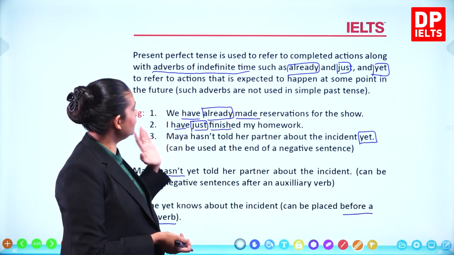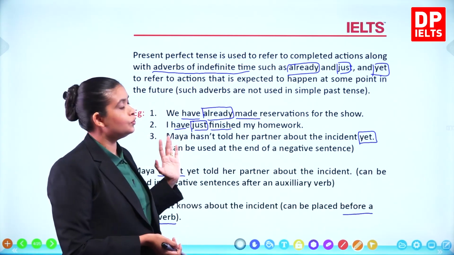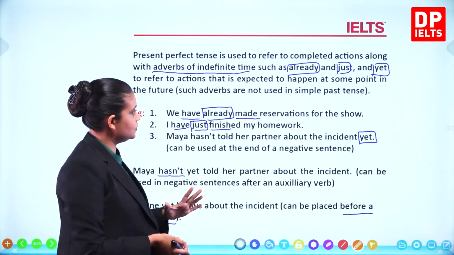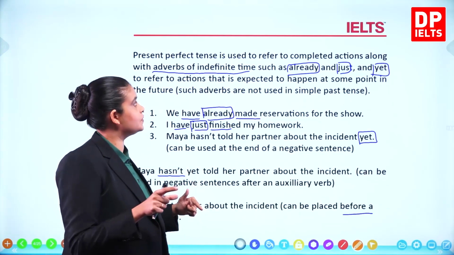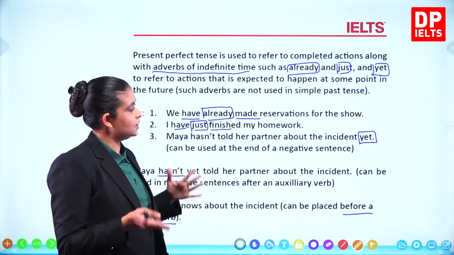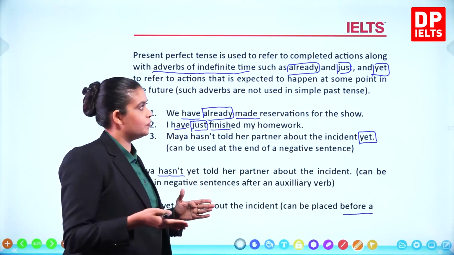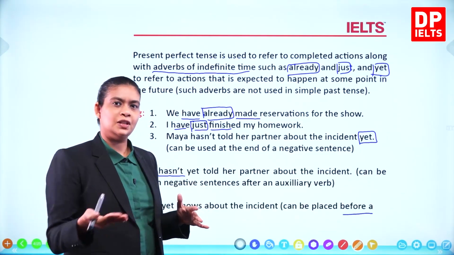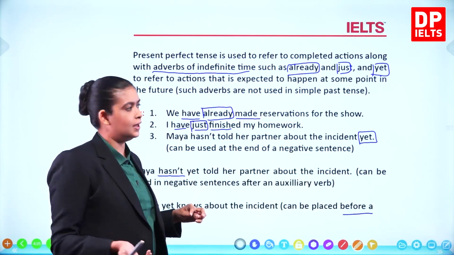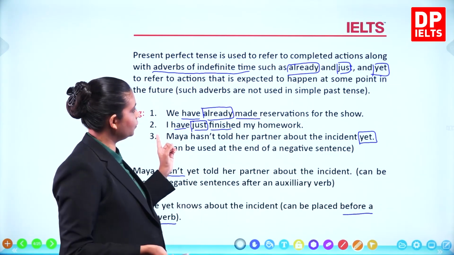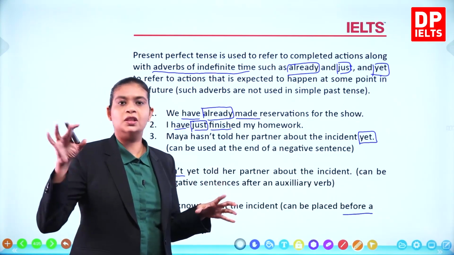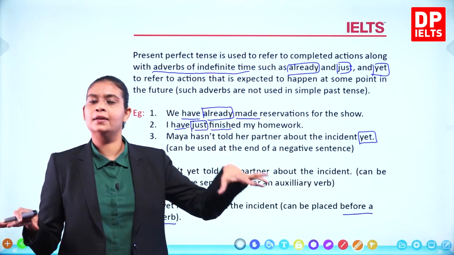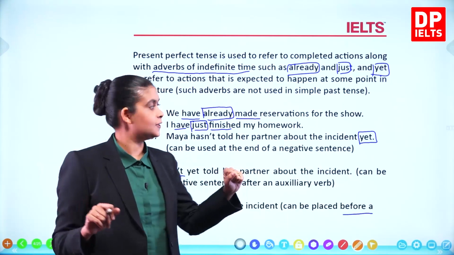So, in the present perfect tense, you refer to completed actions and you could use it along with adverbs of indefinite time such as already, just and yet. Indefinite means you're not sure of the time, right? Now, if you're using such adverbs, remember it needs to come between the auxiliary verb and the main verb, right?